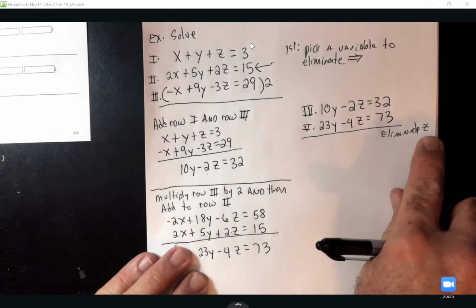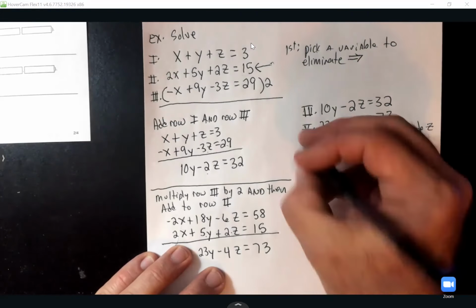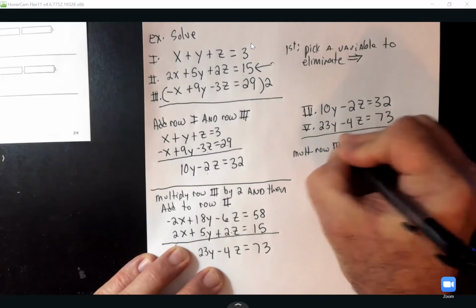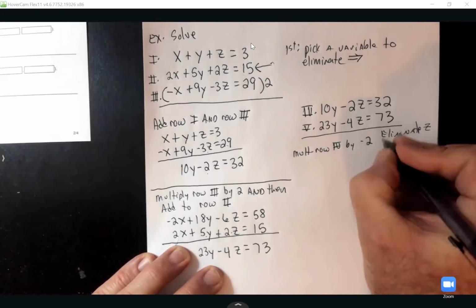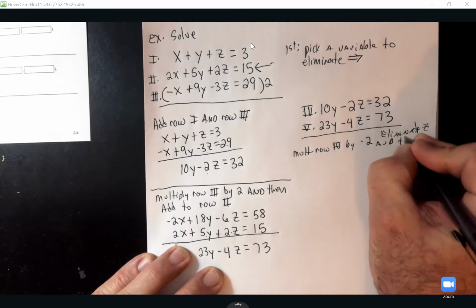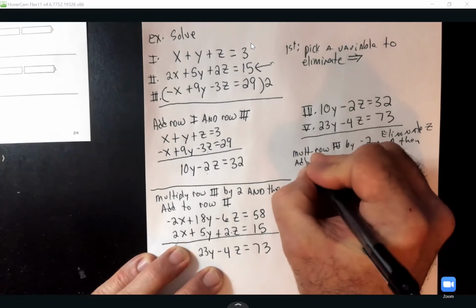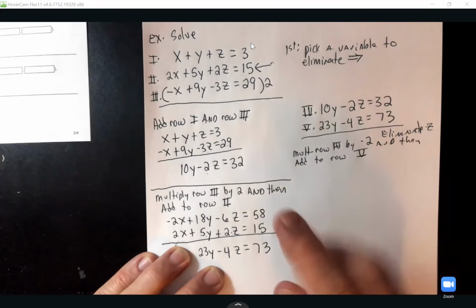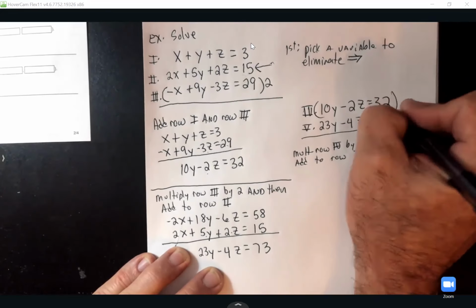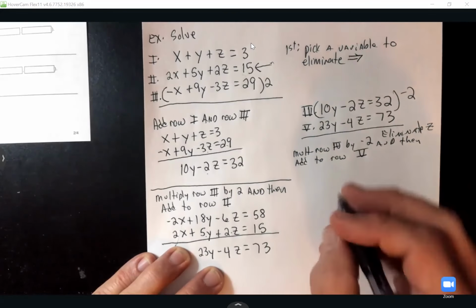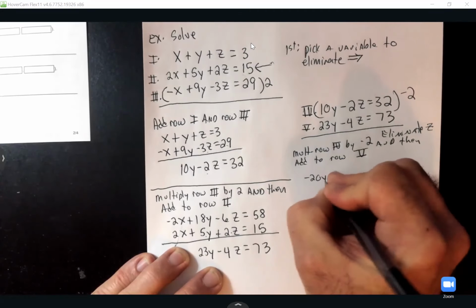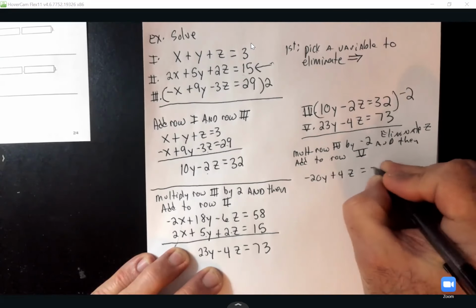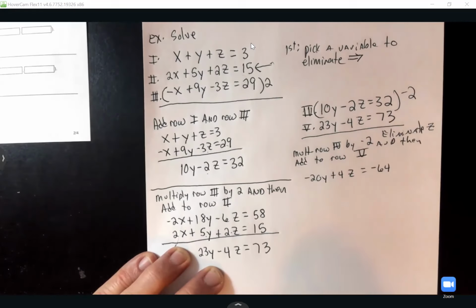So to eliminate the z, I'm going to multiply row 4 by -2 and then add to row 5. So if we take this row, multiply by -2, you'll get a -20y plus 4z equals a -64.